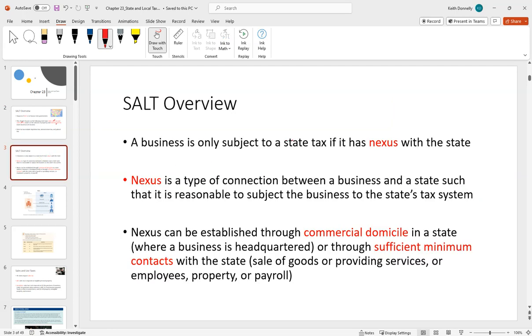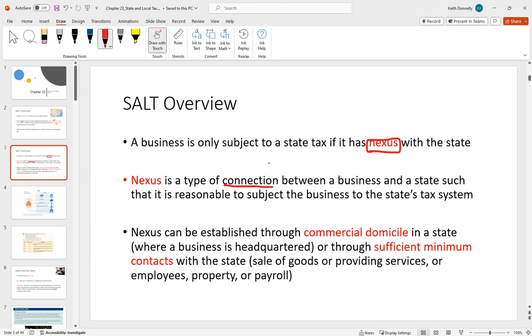The starting point, if you ever talk about SALT, is nexus, right? What does nexus mean? You can think of it like a connection. Anytime you have nexus in the law, it's saying the court has power over you and it's reasonable to hail you into court.